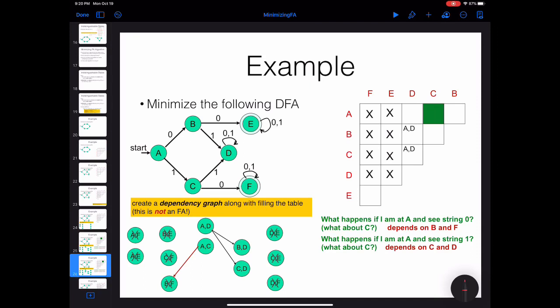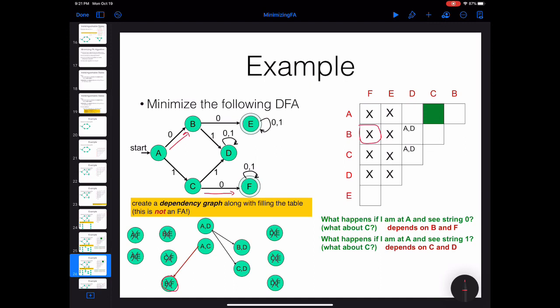The next cell to check is A and C. From A, with the transition of 0, you are going to B, right? And from C, over the transition of 0, you are going to F. So A and C depend on the pair B and F. If you check the corresponding cell, B and F, I already know that they are not equivalent, because one of them is accepting and the other one is not.